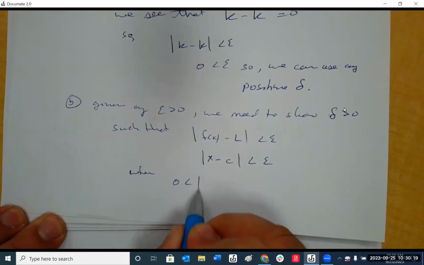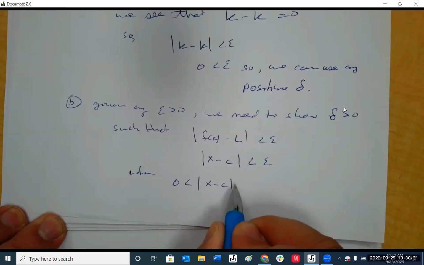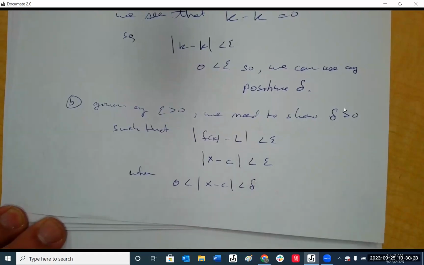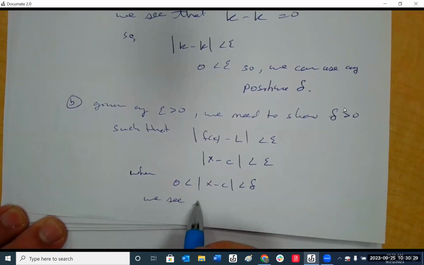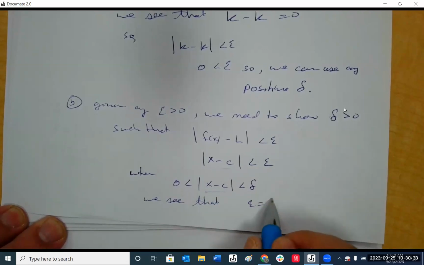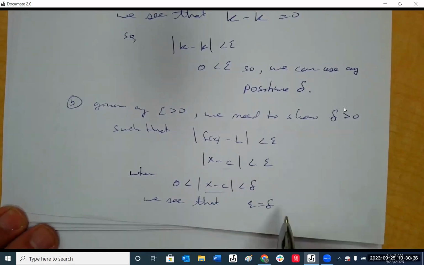When we see here, if these two are equal, we know that epsilon equals delta.